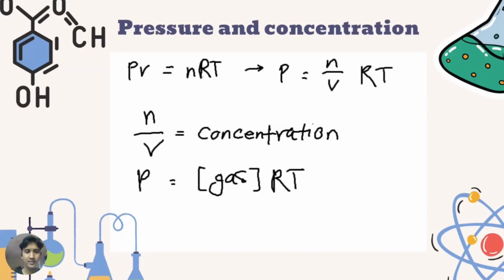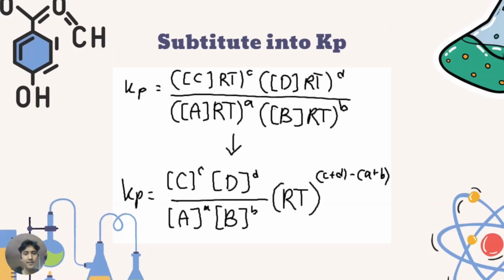As you can see here, PV is equal to nRT, so P is equal to n over volume times R times temperature. That means n over volume is concentration, and P is equal to the concentration of the gas times R and temperature. The next step is to simplify.